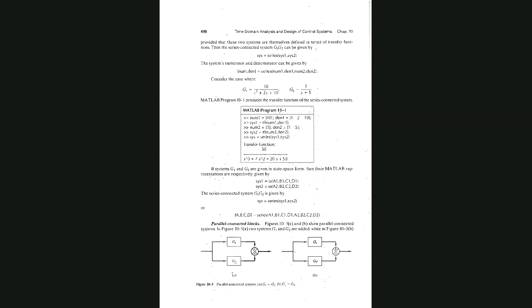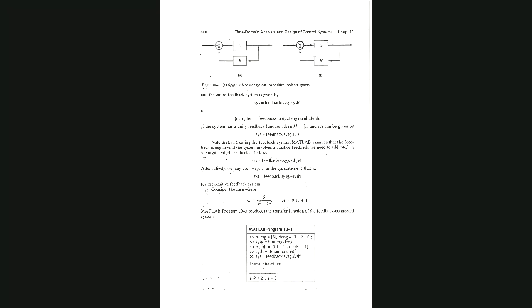You can add parallel blocks, for example, using the parallel command like this. Parallel sys1 and sys2 gives you the sys. Okay, this is the parallel.